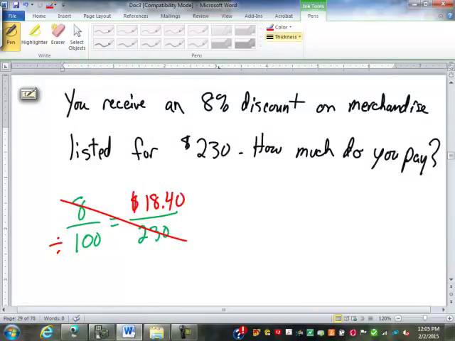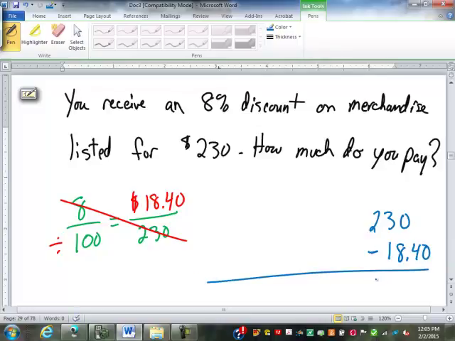That is the amount of the discount. Now we still need to find out how much is paid. So we're going to take the $230 full price, subtract the $18.40 to get $211.60 is the amount paid.